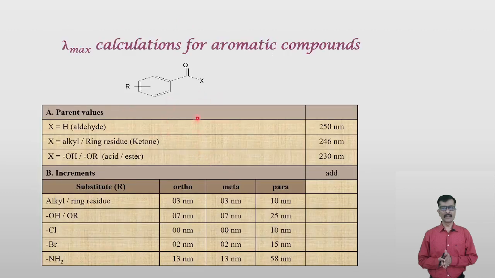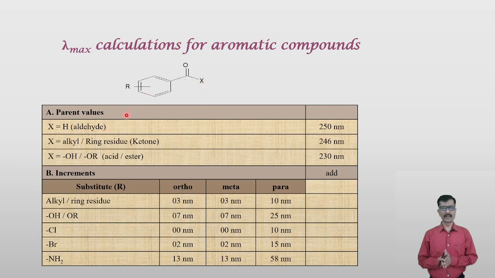Then the last category for calculation of lambda max theoretically is for aromatic compounds. For aromatic compounds, we need to identify whether the given compound is aromatic or not by Huckel's rule, and if it is found aromatic, then we can apply this formula. Look, this is an aromatic one where C double bond OX.